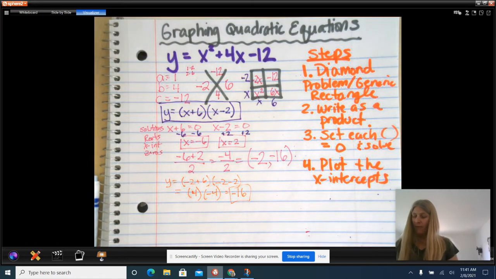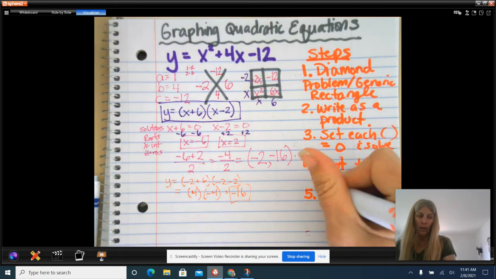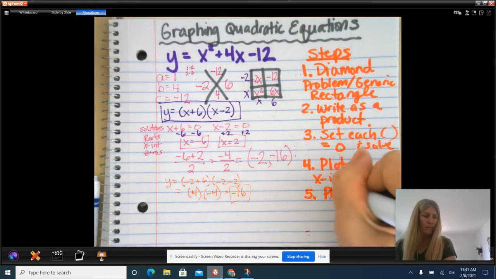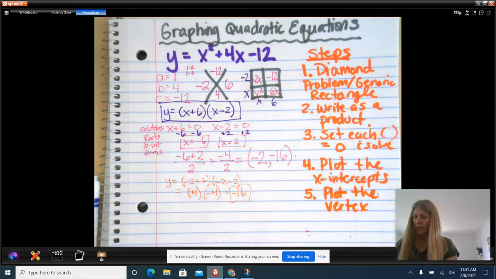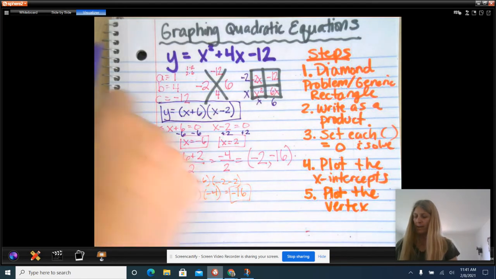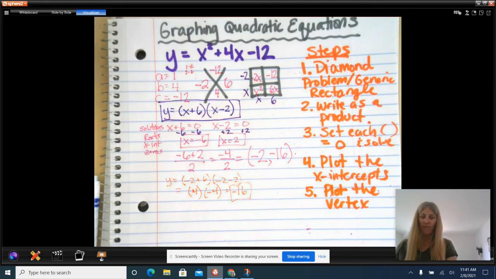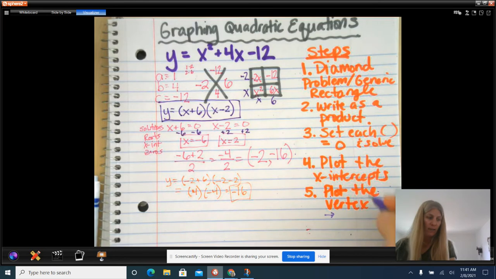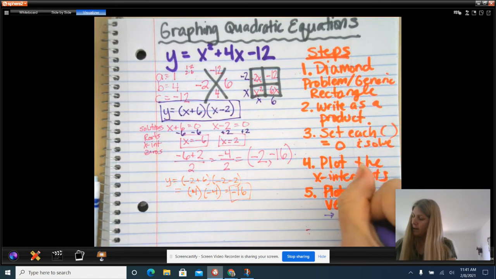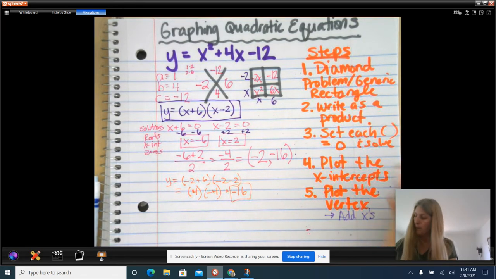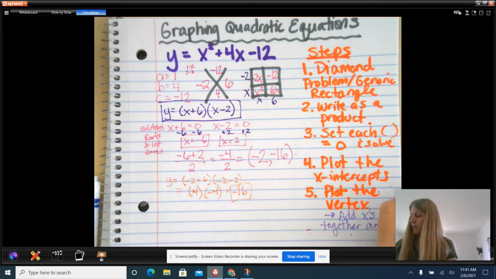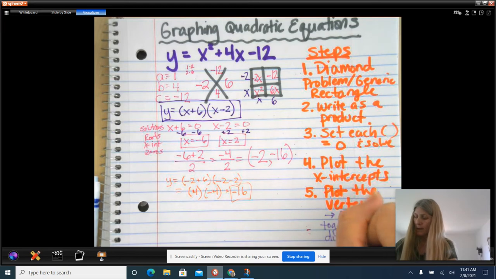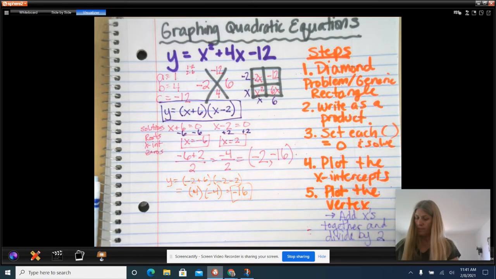Okay, so step number 5, now that we've found our vertex, is we are going to plot the vertex. Now we're going to write down those steps, just because we haven't officially written down how to find that vertex. The way that we find the vertex is we add the x's together and divide by 2.